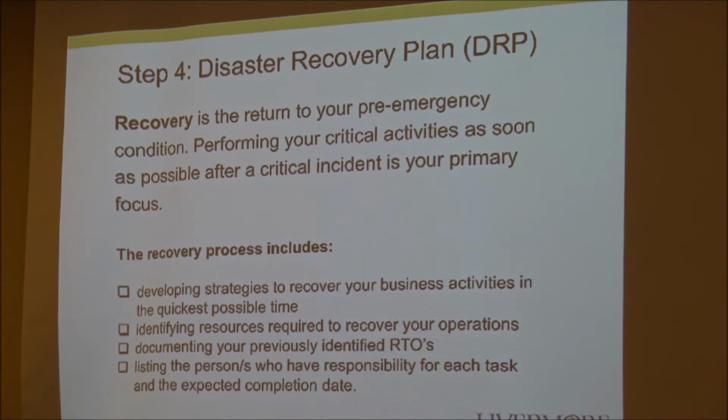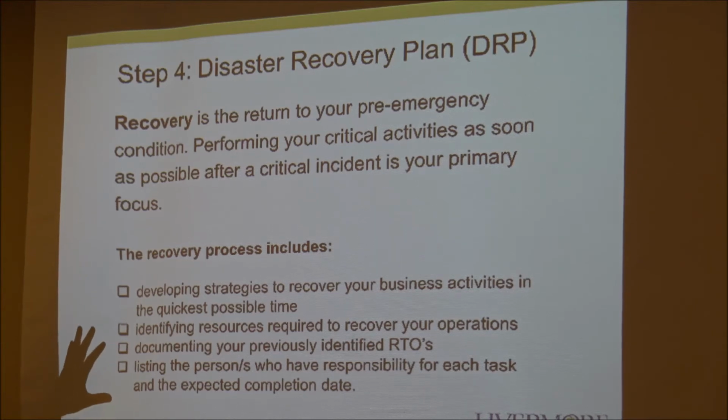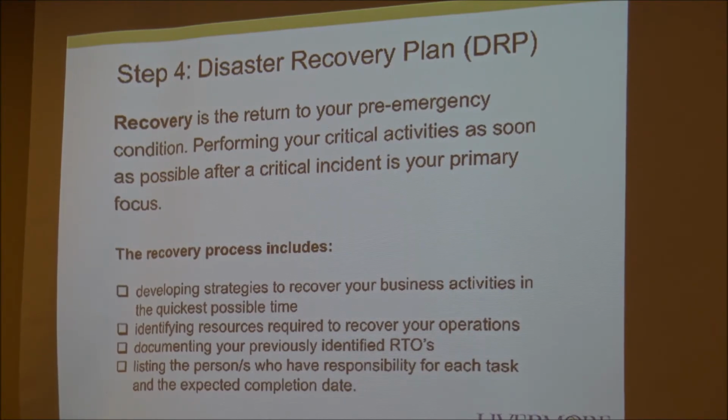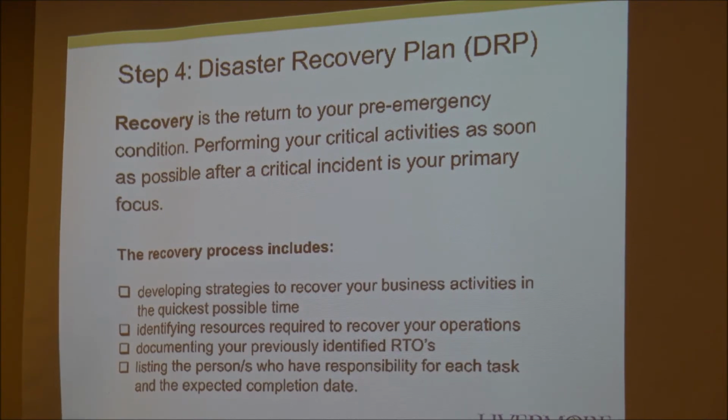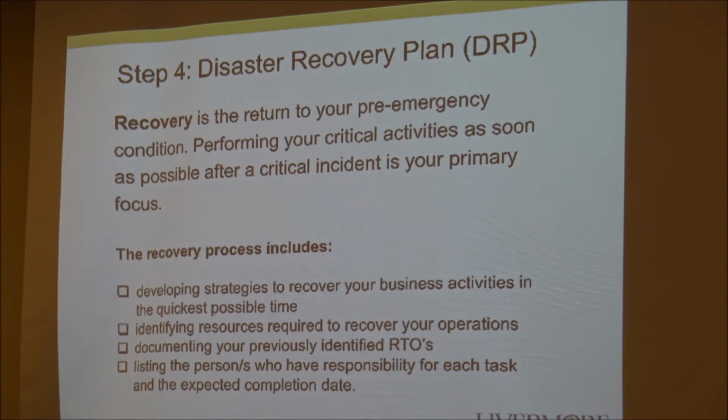We want to document our RTOs, remember our return time objectives? So we want to document those, and we want to basically say, okay, it's going to take us 48 hours to bring up our chrome plating operation from scratch.